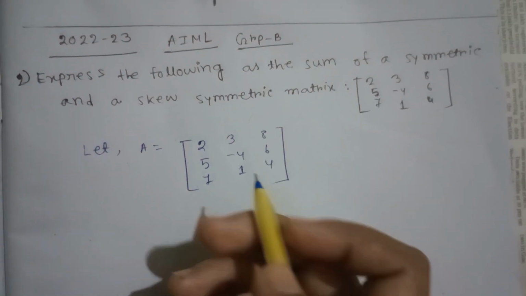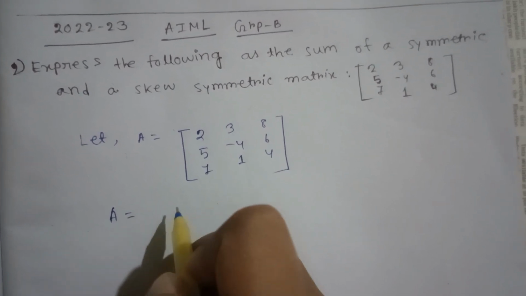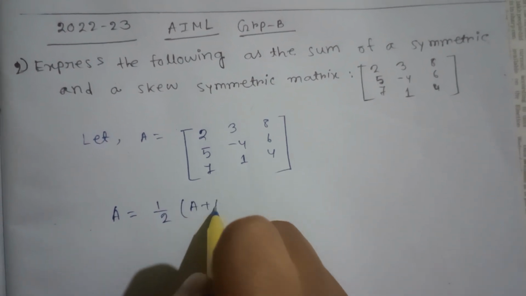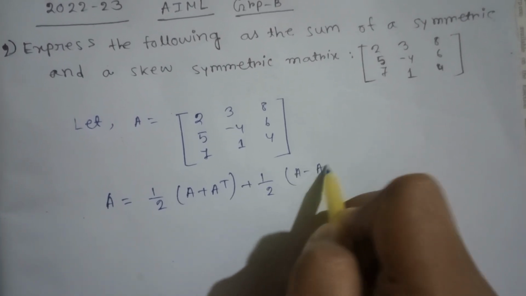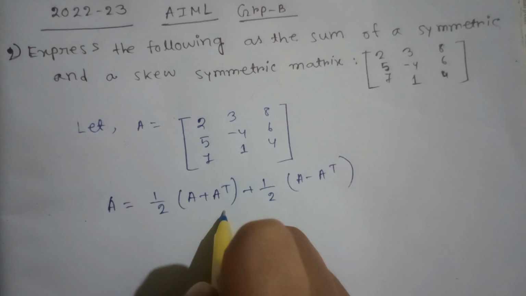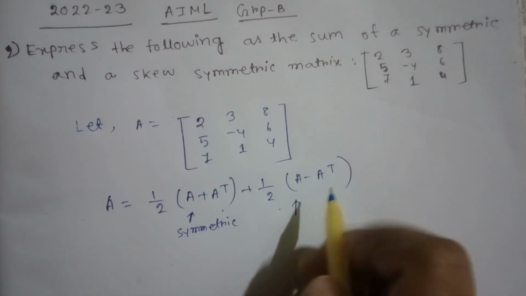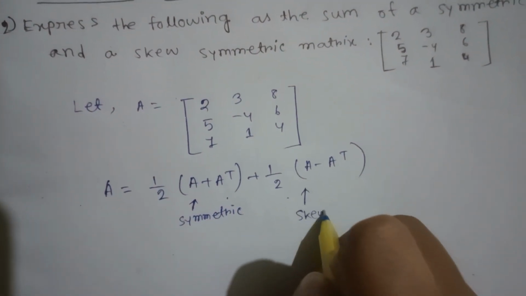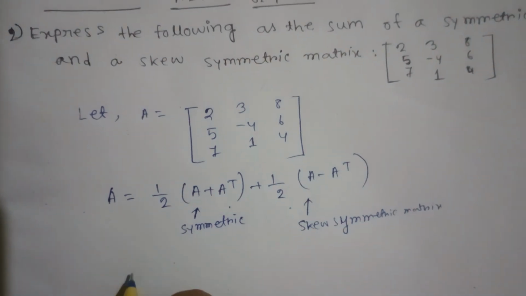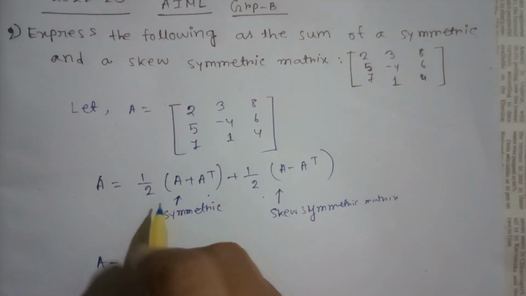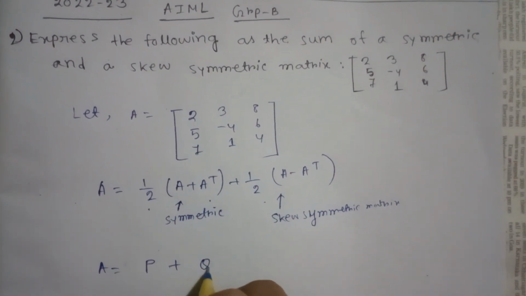We know that a matrix can be written as a sum of a symmetric and a skew-symmetric matrix, where the symmetric matrix is half of (A plus A transpose), plus half of (A minus A transpose), which is the skew-symmetric matrix. Let half (A plus A transpose) be P, and half (A minus A transpose) be Q.